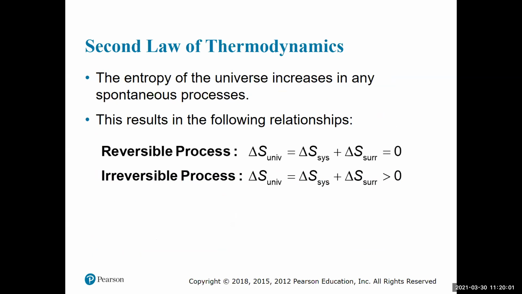So that brings us to the second law of thermodynamics. And the second law of thermodynamics starts to help us understand what's going on with respect to entropy. What the second law of thermodynamics tells us is that the entropy of the universe increases in any spontaneous process. And we've got some relationships here that we'll talk about.